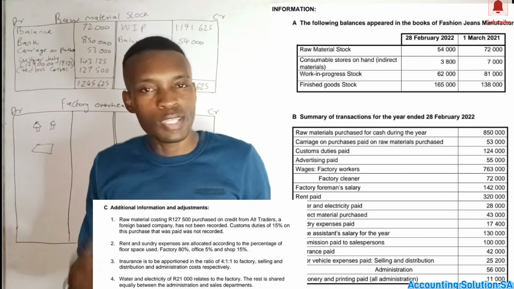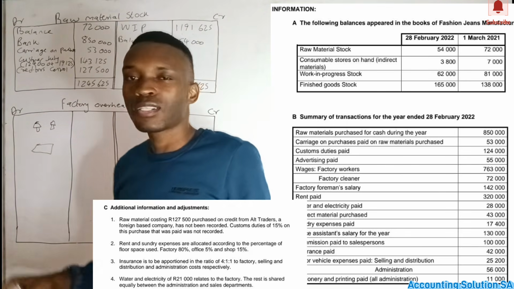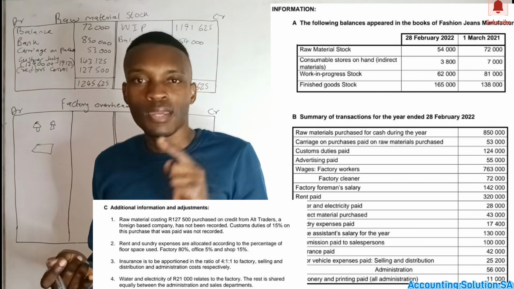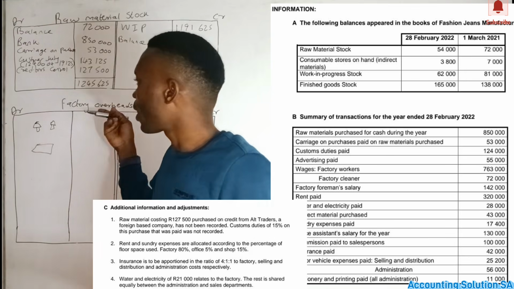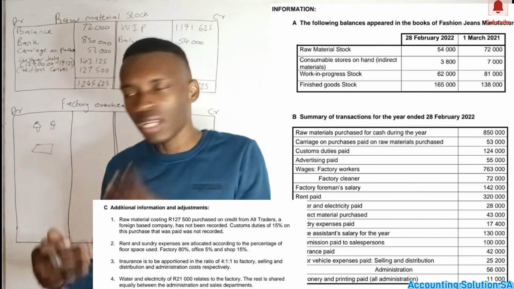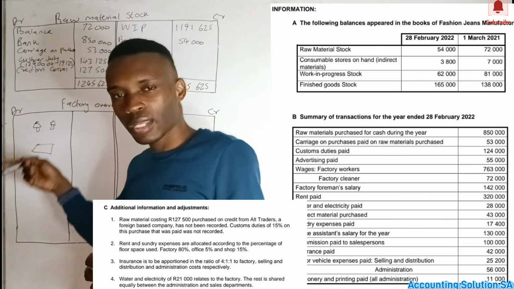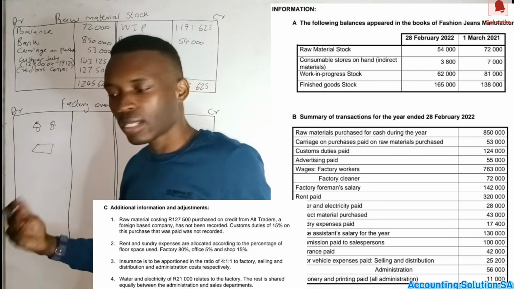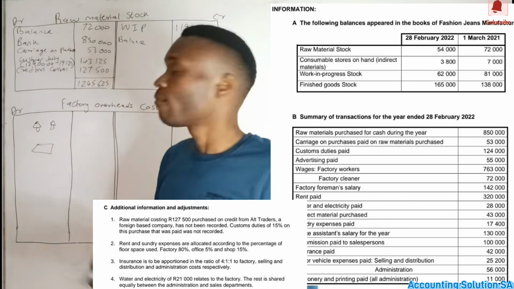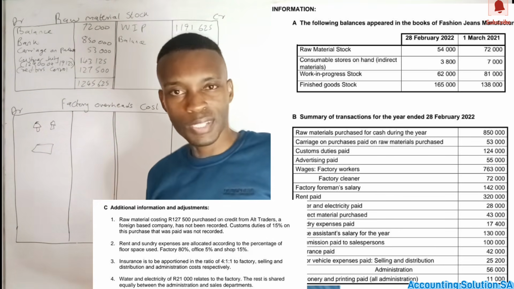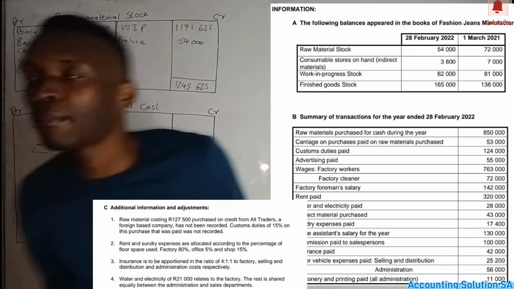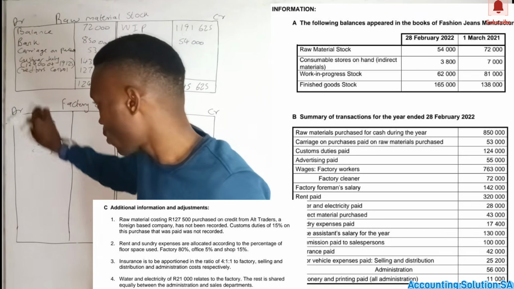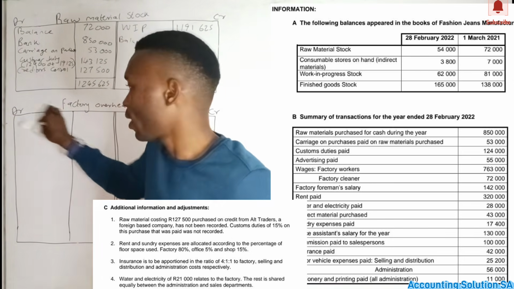So everything that happens under a warehouse, as long as it's not direct labor and direct material, falls under factory overhead. All electricity that we use under factory, all rent, all insurance, we're going to record under factory overhead. Even depreciation for a machine that we are using is going to fall under factory overhead.